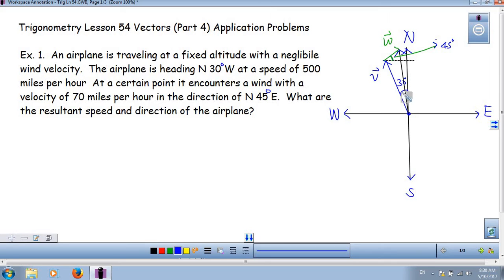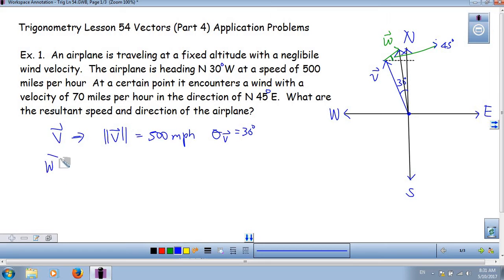So how should we go ahead and do this? We can break them up into components and add the components together. If we do that, we will be alright. Right now we know vector v, the airplane's velocity: the magnitude of v is 500 miles per hour, and the directional angle for v is 30 degrees.